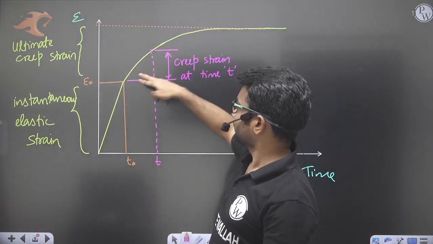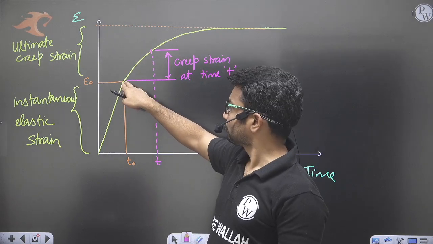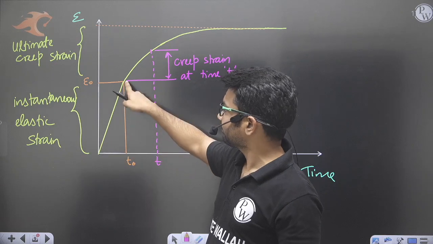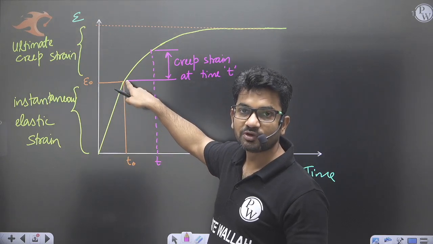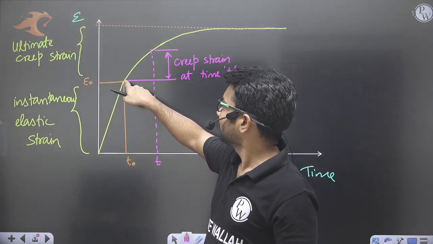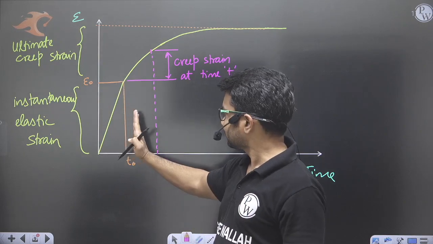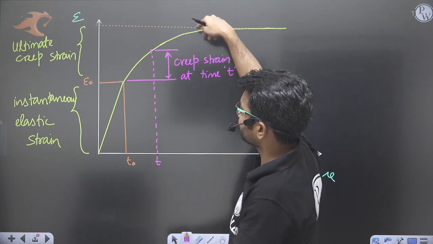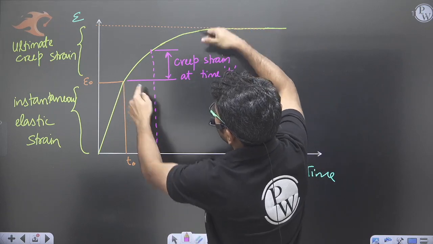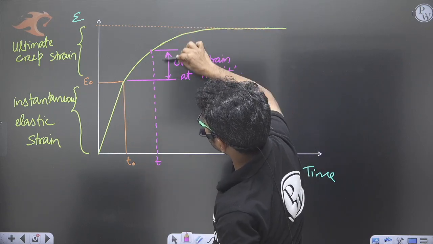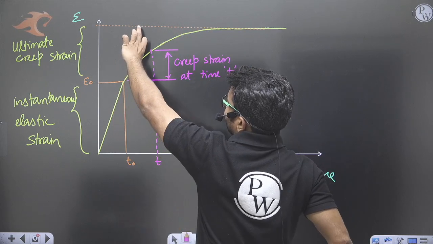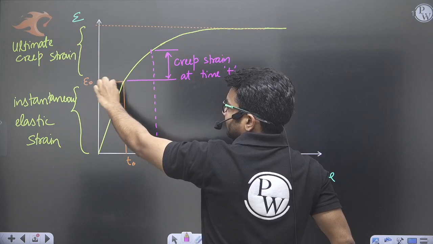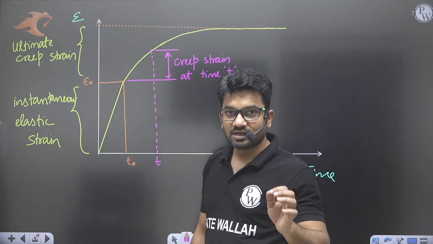Just when we have finished applying the load, creep strain will be 0. As time passes, ultimately the creep strain reaches the ultimate value. At any instant of time, the creep strain will be between 0 and this value. Here the creep strain is 0, and only instantaneous elastic strain exists.